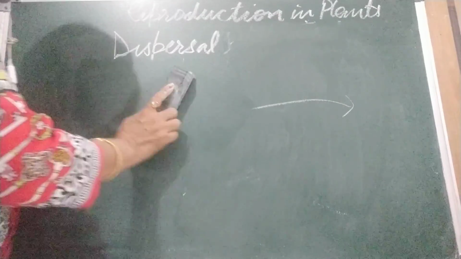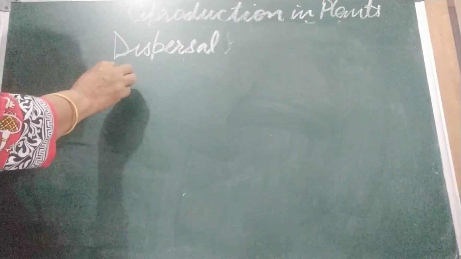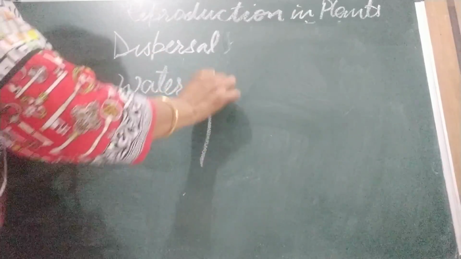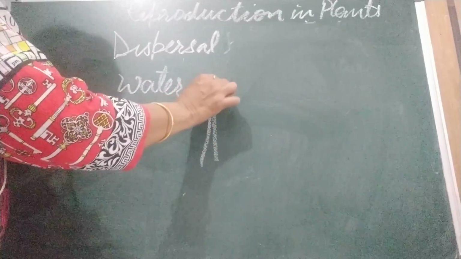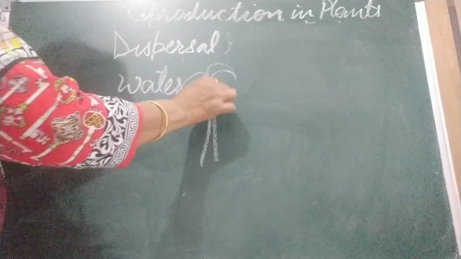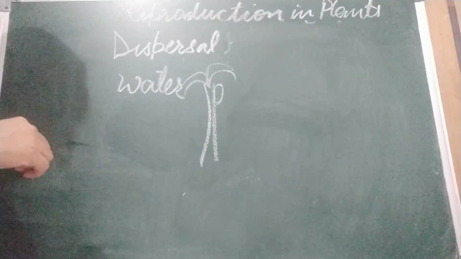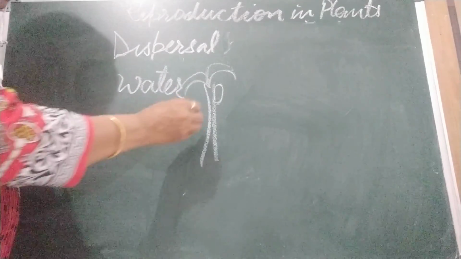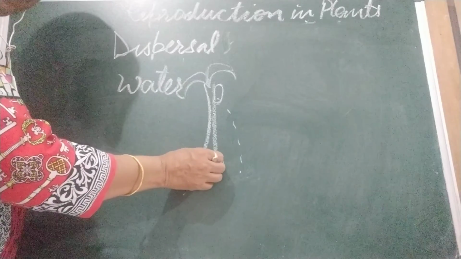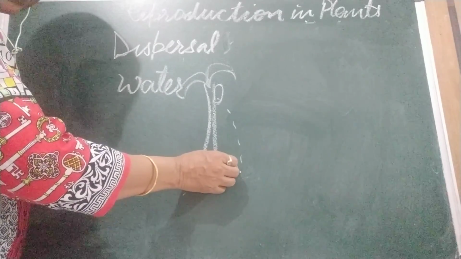Third is by water. A very nice example is coconut. Coconut fruits are there and the seeds are inside this fruit. They fall, drop and float on water.